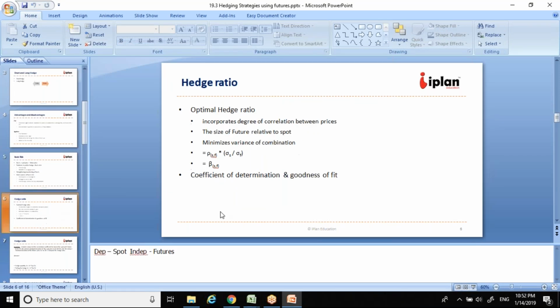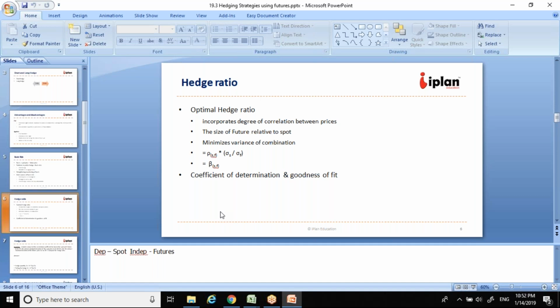Now, what is hedge ratio? That's called optimal hedge ratio. This concept says that it's quite possible that there is not 100% correlation between shares and the futures contract prices of that particular share.